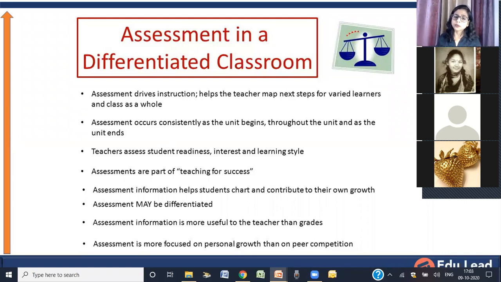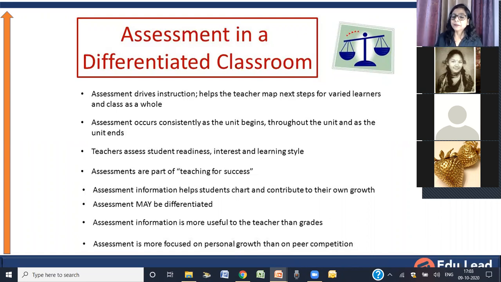Assessment is happening throughout. The teachers assess students' readiness, interest, and learning style. These three things. Student readiness means where the child has reached, which place the child is at, how ready the child is for the concept. And so assessments are part of teaching for success. Generally in assessments we look at who passed, who failed, who reached where, who got how many marks.